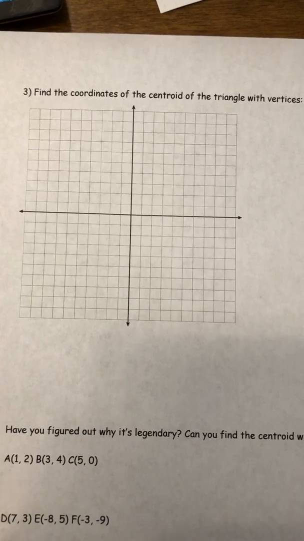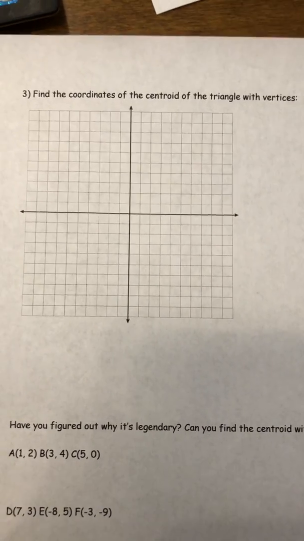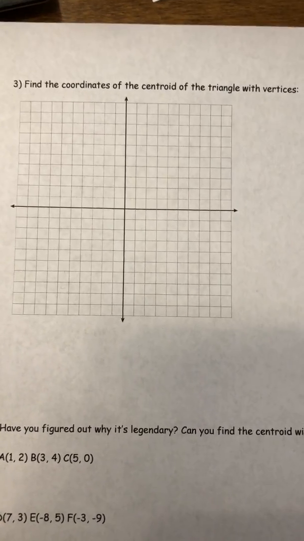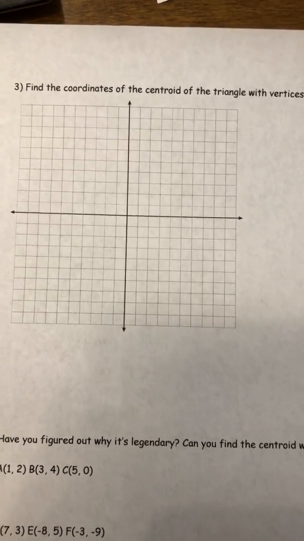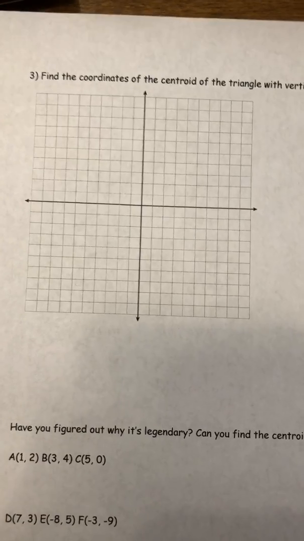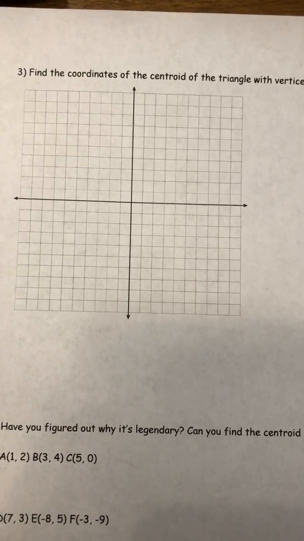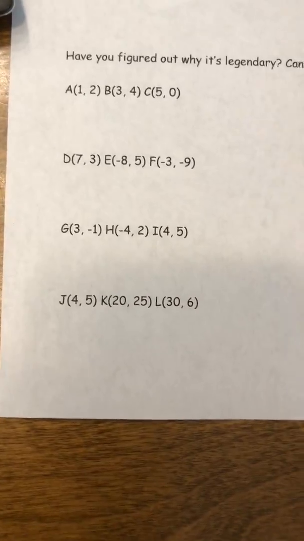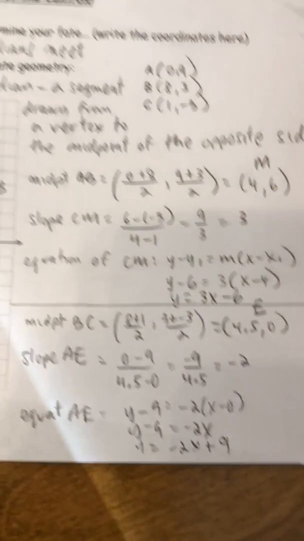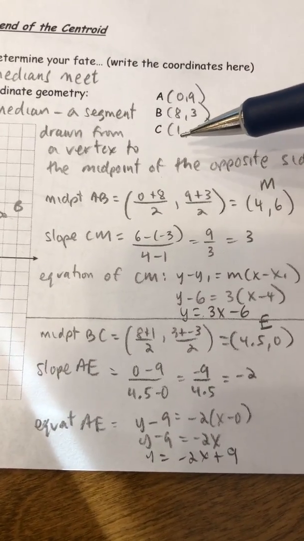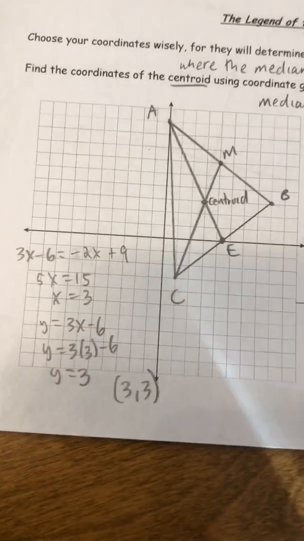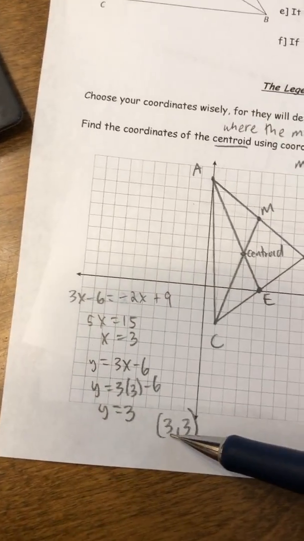And when you do number 3, one of the midpoints might end up having some decimals. That's okay, 0.5s or whatever. But the answer is integers. The coordinates are both integers. And then for the last part, now I'm going to go back to show you. We discussed this in class, but I'm just going to remind you. If you took the average of the x's, 0 plus 8 plus 1 is 9. 9 divided by 3 is 3.